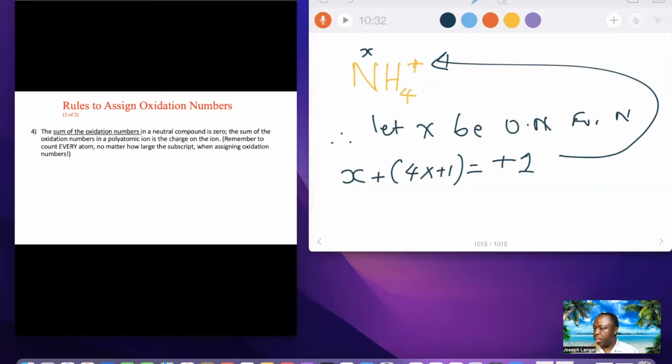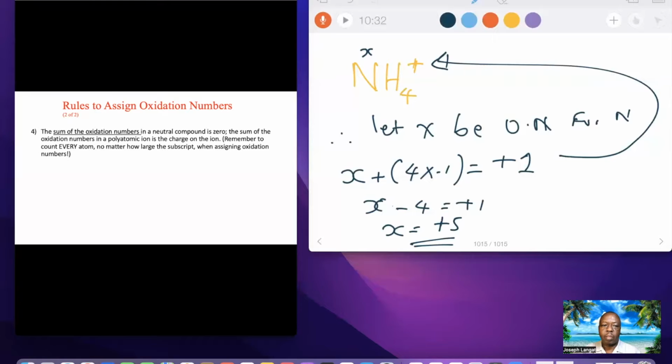So X plus 4 equals +1. Here, X is equal to -4 + 1... this is -4 here, so X plus 4 equals +1, meaning X = 1 - 4. Therefore, X equals +5.